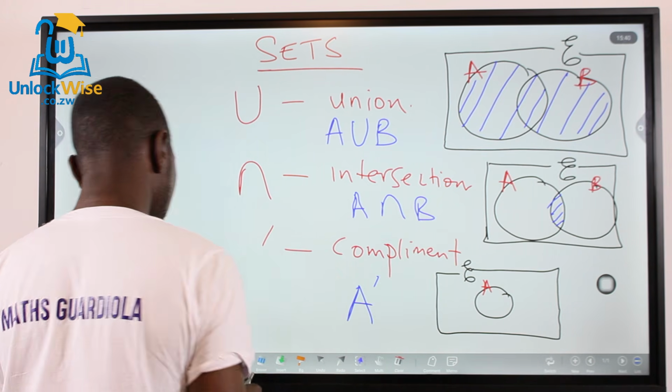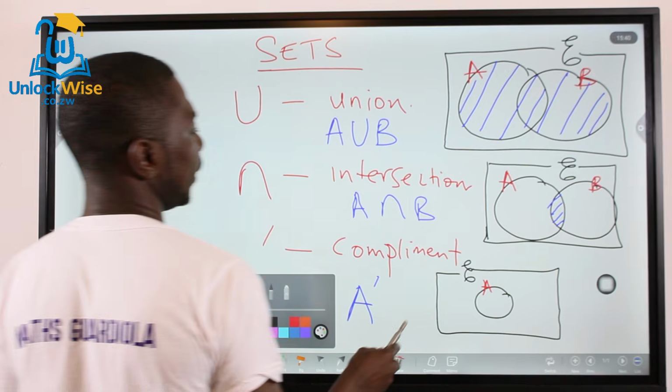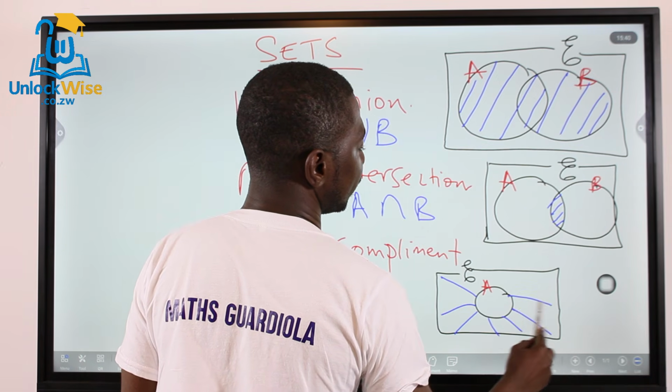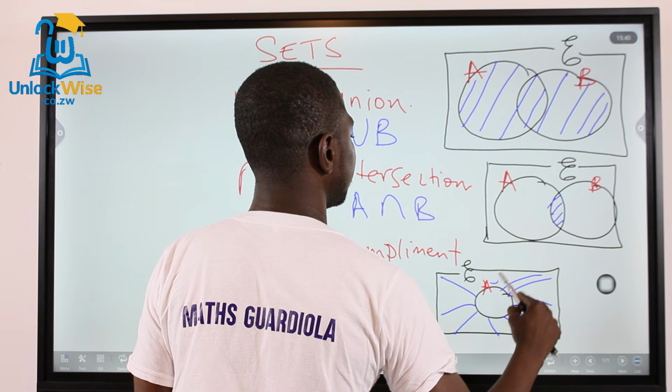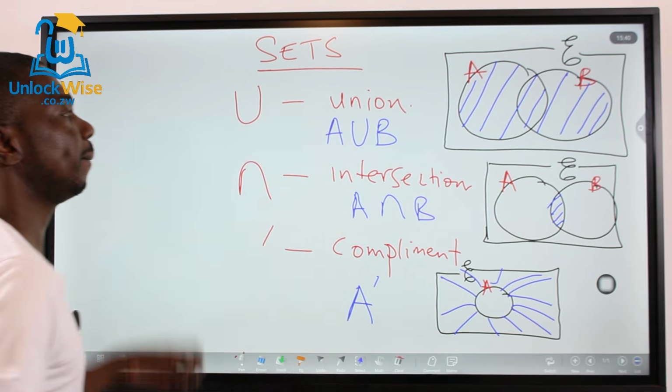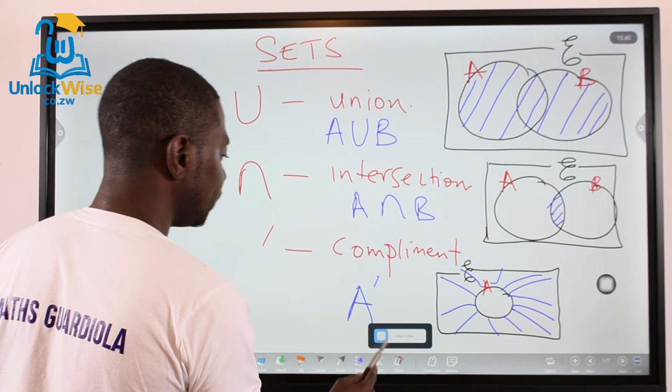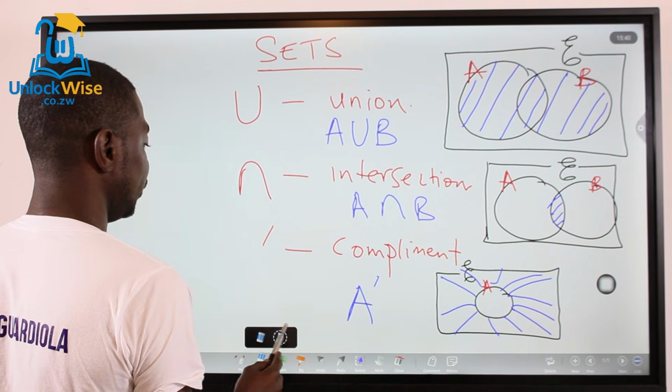We want what is outside of A, right? What is not in A, like this. Okay, so I'll give you an example.